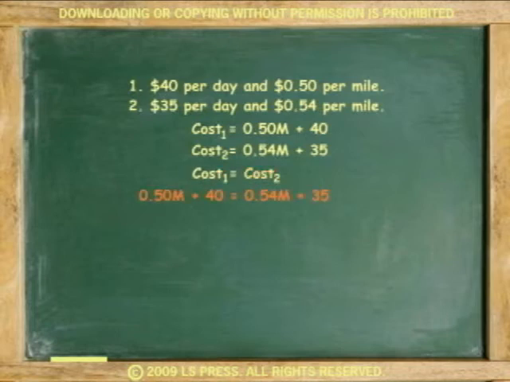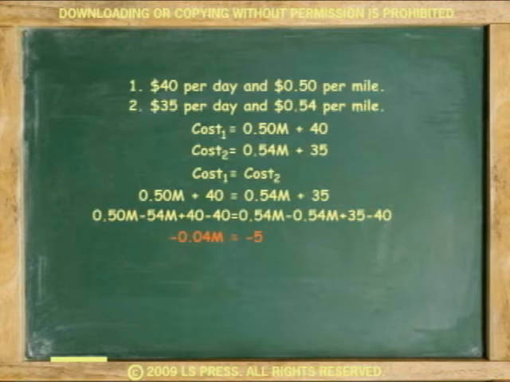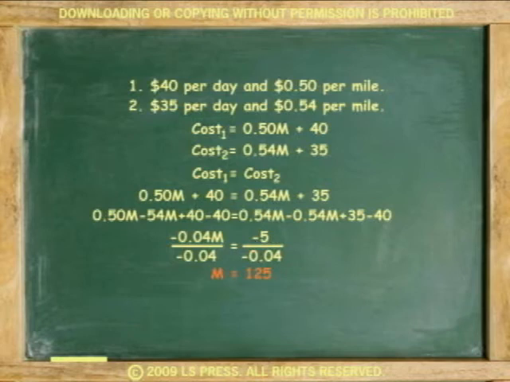The two equations are placed against each other and solved by substitution. Subtract 0.54m and 40 from both sides. Divide by negative 0.04. Negative divided by negative is positive. m equals 125 miles.